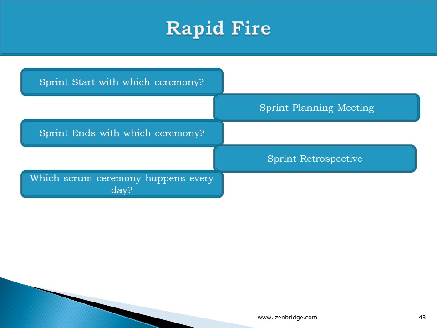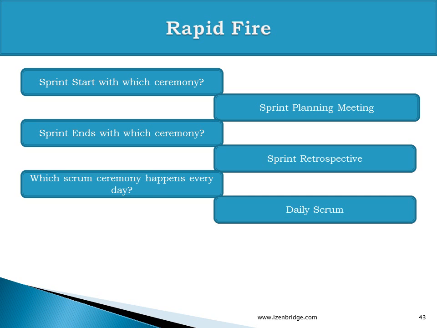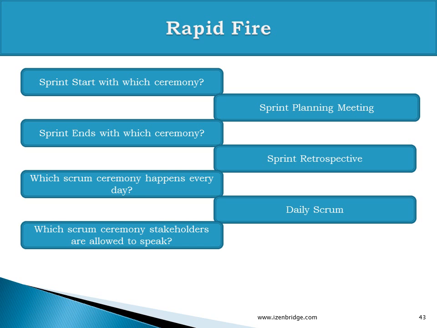Which Scrum ceremony happens every day? Daily Scrum. It is a stand-up meeting of 15 minutes where people limit their discussion to 3 questions, and it's a coordination and collaboration meeting. The Scrum Master facilitates it, and it's the team's meeting. In which ceremony are the stakeholders invited to speak?